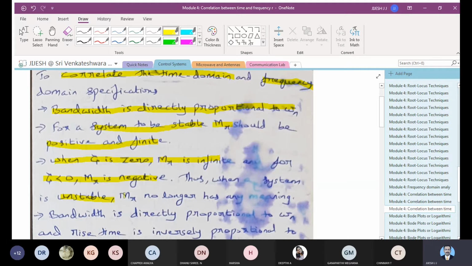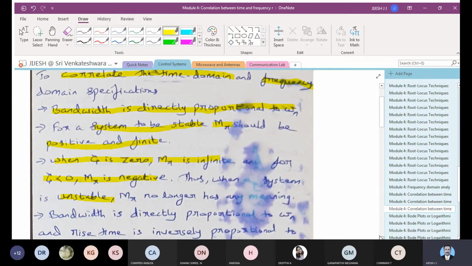So MR no longer has any meaning when zeta is 0, MR goes to infinity, and when zeta is less than 0, MR will be negative, and thus the system will be unstable. MR no longer has any meaning because for the system to be stable, MR should be positive and finite.